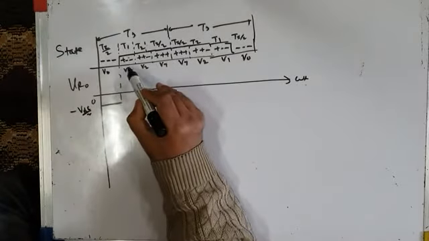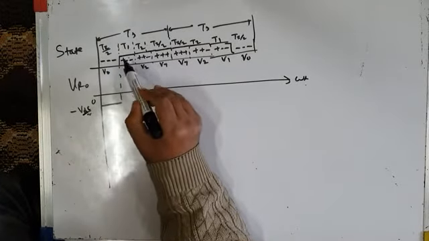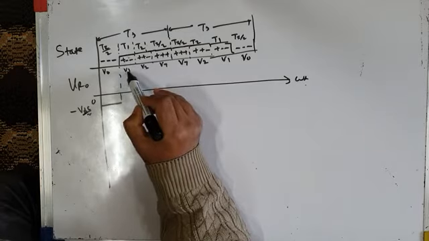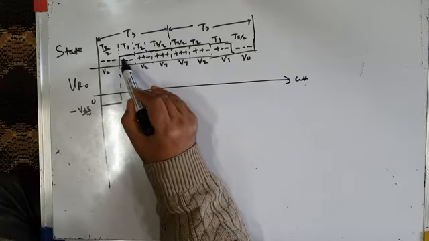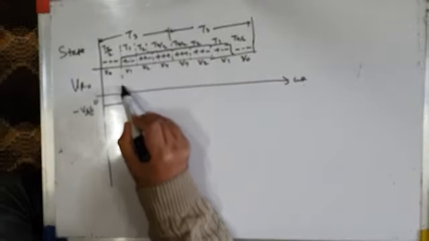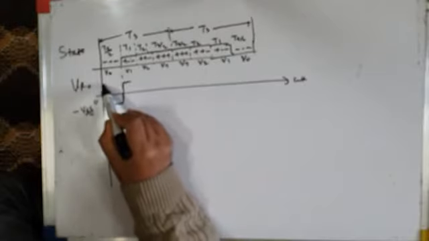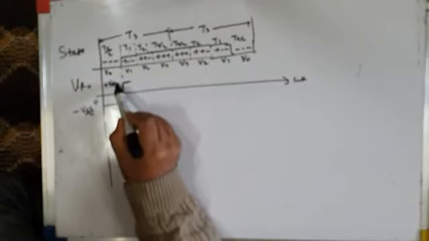Then for time period T1, switching voltage space vector V1 is applied across the load, and switching state is plus minus minus. Plus minus minus means top switch of R phase is on, and that makes pole voltage VRO plus VDC by 2. तो ये minus VDC by 2 से plus VDC by 2 jump करेगी.